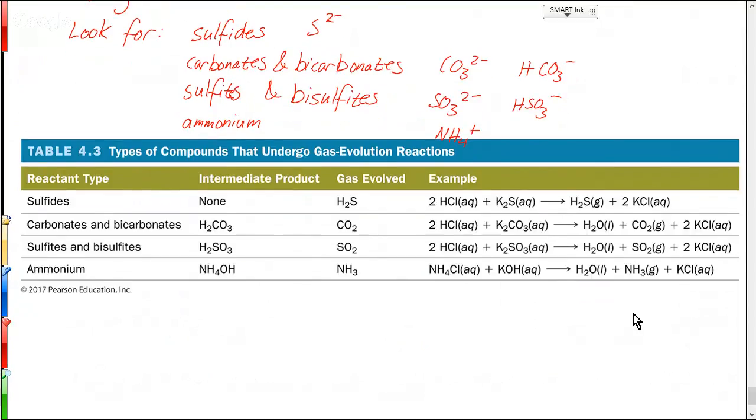Okay. So then we've got acids and bases. What do we look for there? Salts formed is one. Water formed is another one. But what if we're trying to predict the reaction? Like what kind of reactants are we looking for? We talked about acids, right?